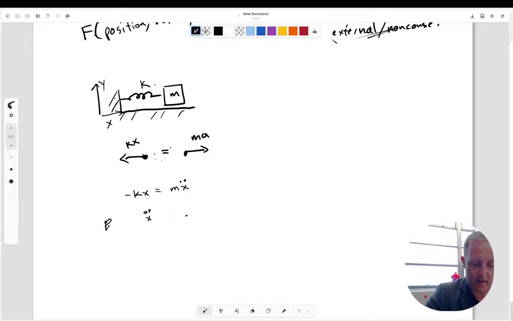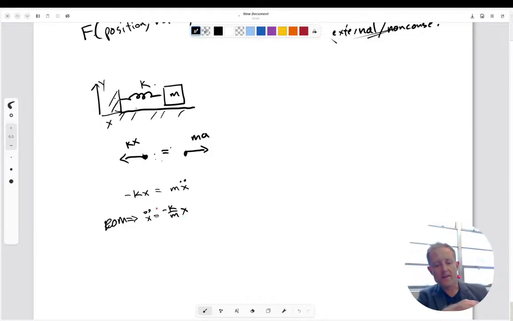My equation of motion is x double dot equals negative k over m times x. And there it's pretty straightforward, not a lot going on.